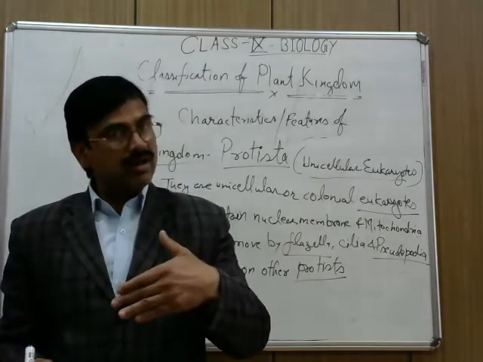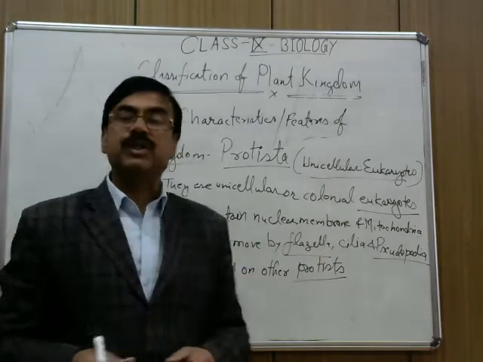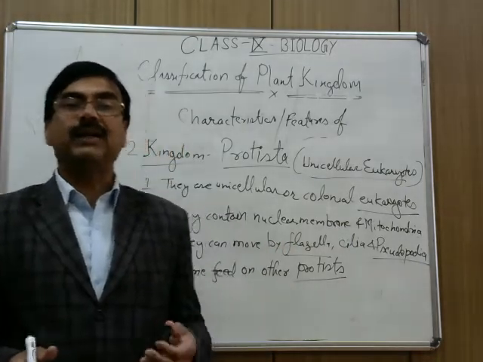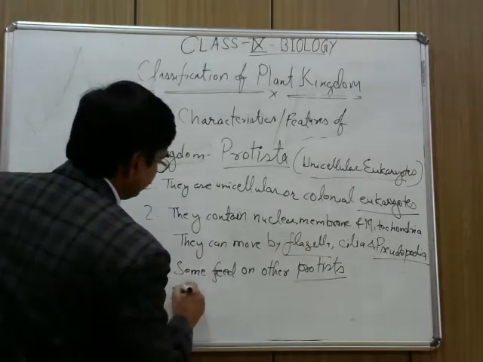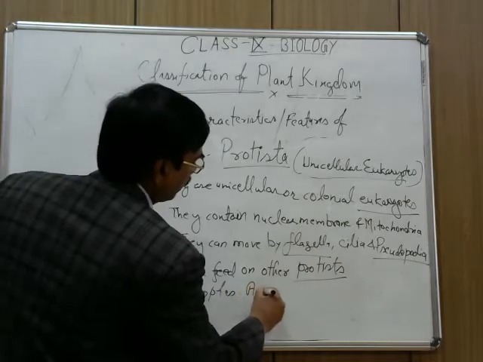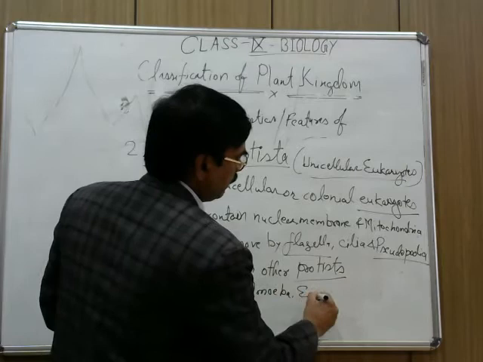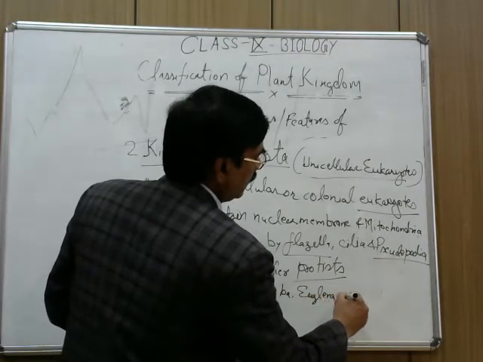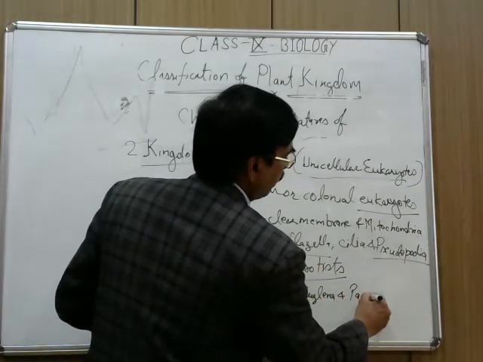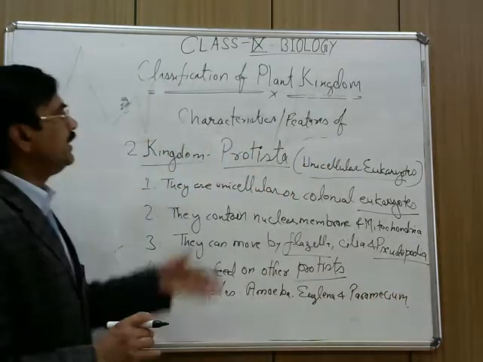So they are called parasites. Okay, so some feed on other protists. And the 5th number you will write the examples: amoeba, Euglena and paramecium. So you reached 5.